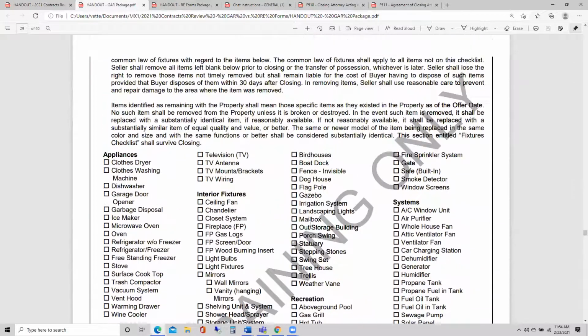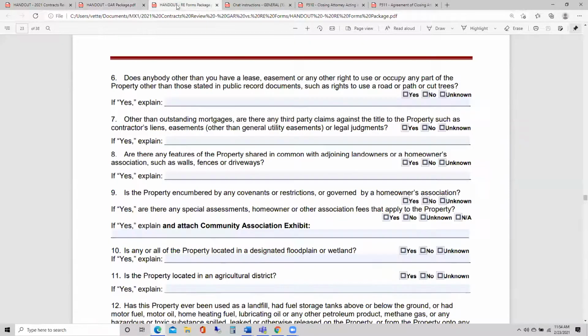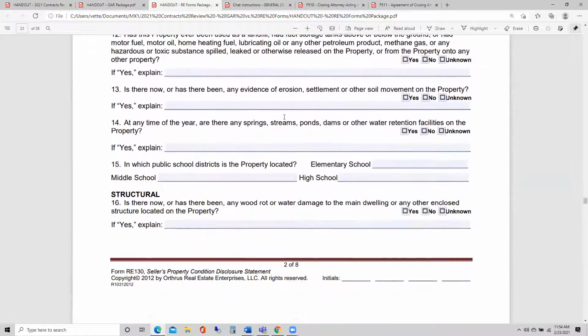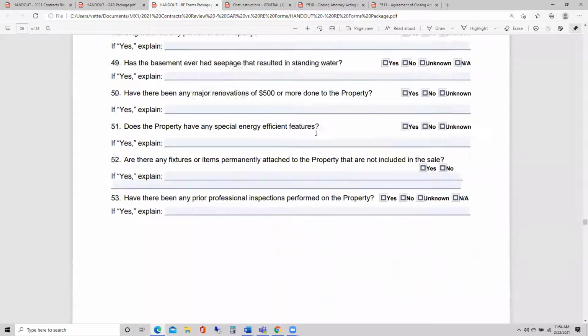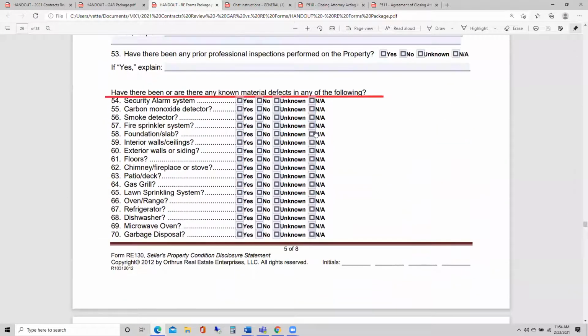And there's a whole list of items here. In the RE forms contract package, there is a list that looks a little bit similar. It talks about security alarm system, smoke detectors, sprinklers, oven, range, refrigerator, so forth and so on.